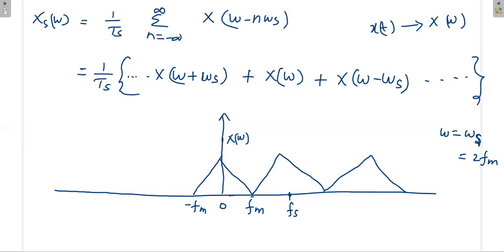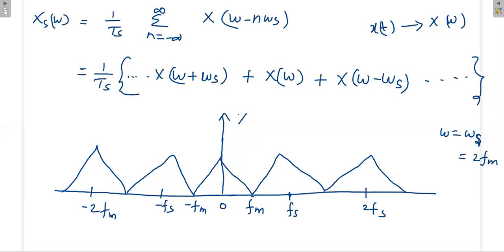Again, this is 2fs. Similarly, you will be getting a copy here also, that is minus fs, minus 2fs. Now this entire representation is the sampled version representation, this is Xs of omega, and this is going on both sides.